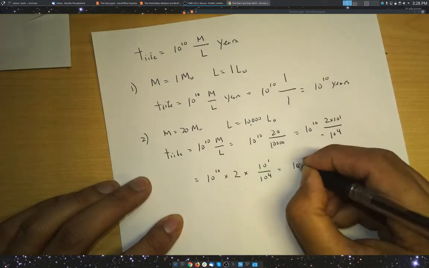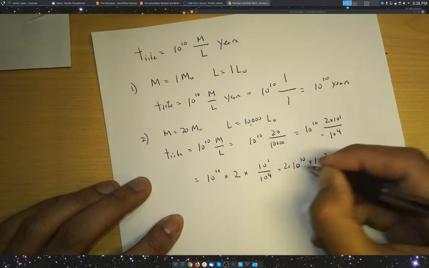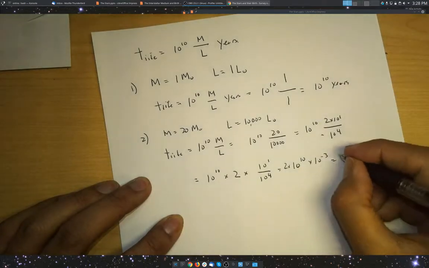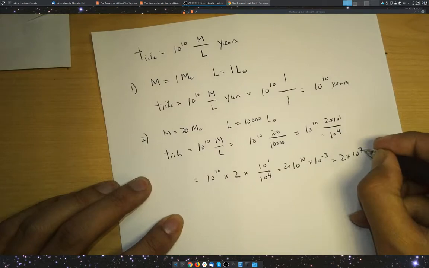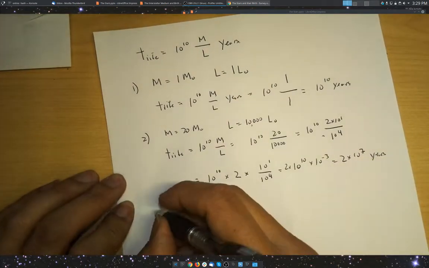So that's 10 to the 10 times 10 to the minus 3 times 2. This is equal to 2 times 10 to the 7 years, which is 20 million years.